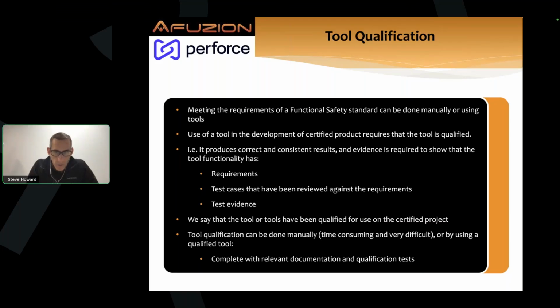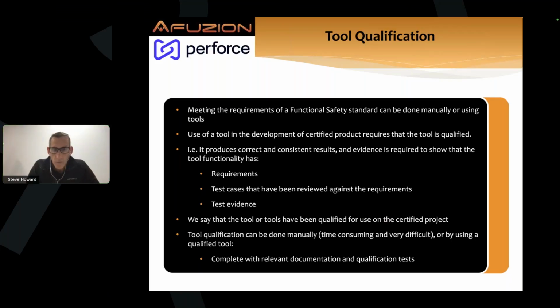Once we've met the requirements of the functional safety standard, if we've done that using tools, it's important that we're able to show the tool is qualified, of course. So the use of a tool in the development of a certified project requires that the tool is qualified itself. In other words, we want to make sure that the tool itself can be trusted to give us reliable results and that it has been developed with clear requirements, test cases to show that the behavior has been reviewed against those requirements, and then test evidence as well.